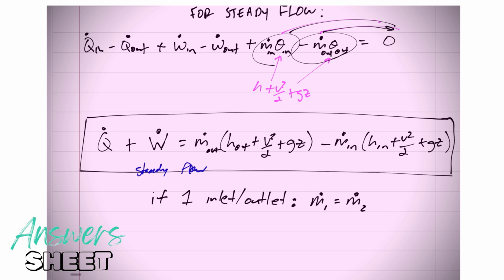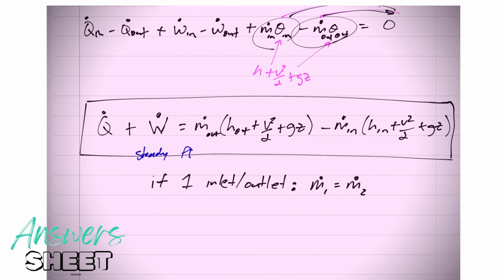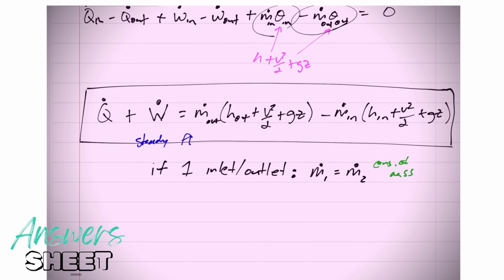And it simplifies. Maybe there's no potential energy, maybe there's no kinetic energy. Here we're going to simplify it a little bit by saying if there's one inlet and one outlet, then conservation of mass would tell us m dot 1 has to equal m dot 2. So we could factor that out.